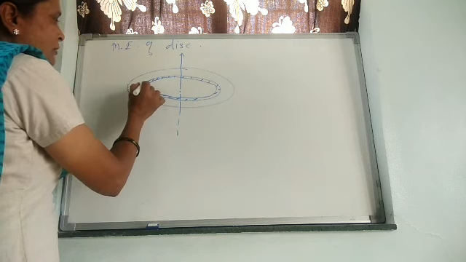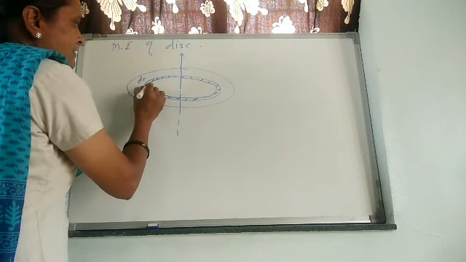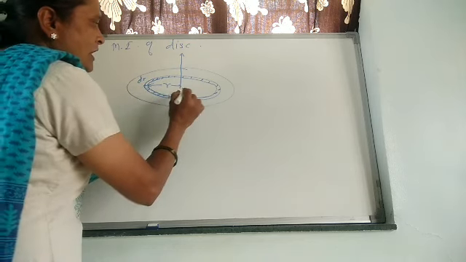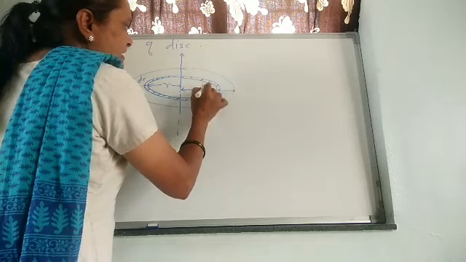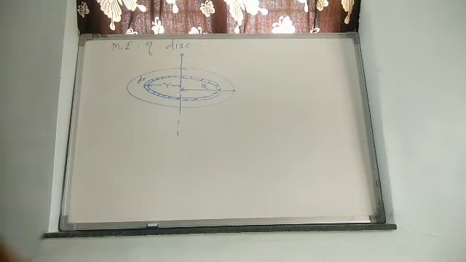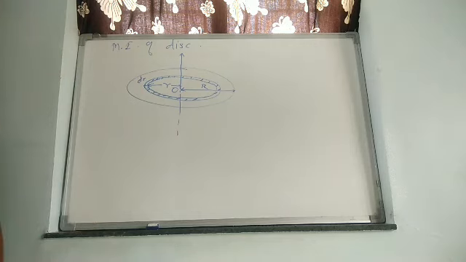This is a ring whose thickness is dr. Its distance from the axis of rotation is smaller. Here it is a ring, and the radius of the disk is capital R. This is a two-dimensional object.